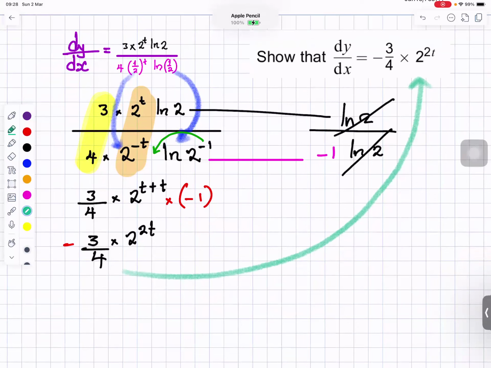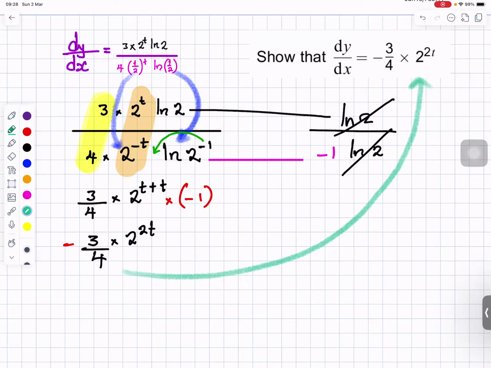Okay, so 3 divided by 4 is just 3/4, and since both of the constants are the same, since you're dividing, you can subtract the powers. So it's t minus minus t, and since it's minus minus, you can just add it. So t plus t is 2t. So that one there would be 2 to the power of 2t.